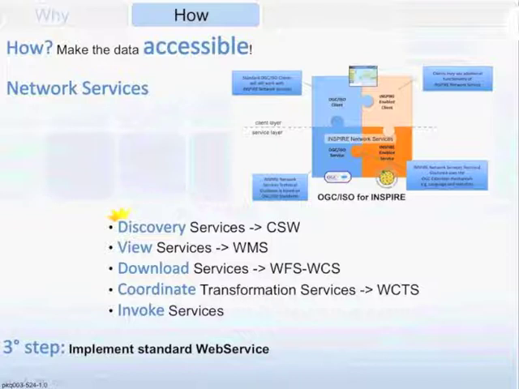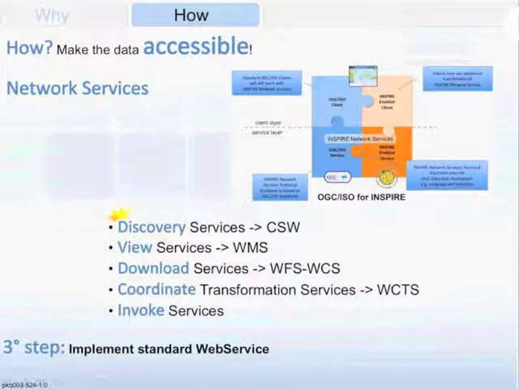So for the view services, the standard to be applied is the web map service. For download services, the web feature service or the web coverage service, all these are always standards defined by the Open Geospatial Consortium.